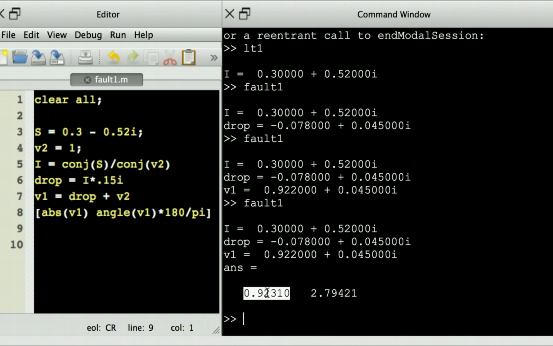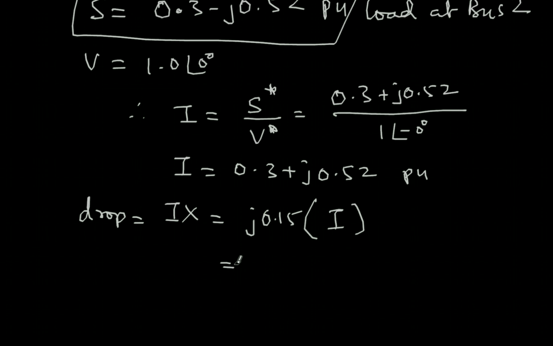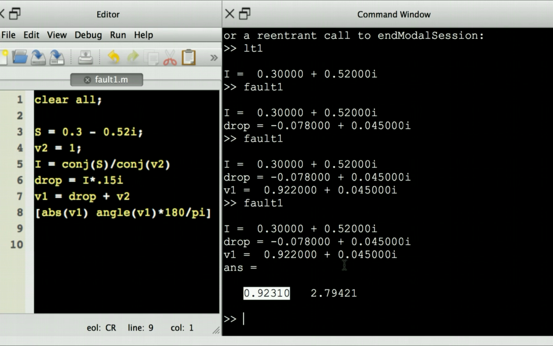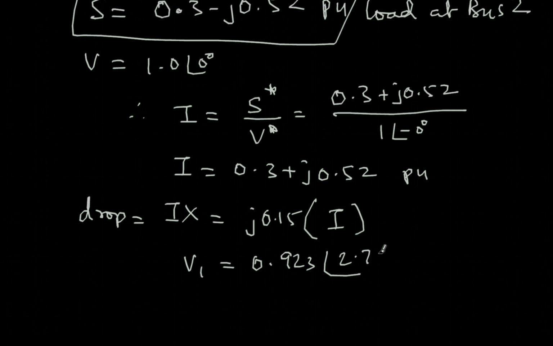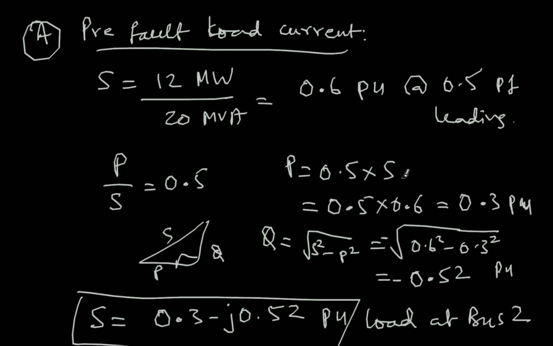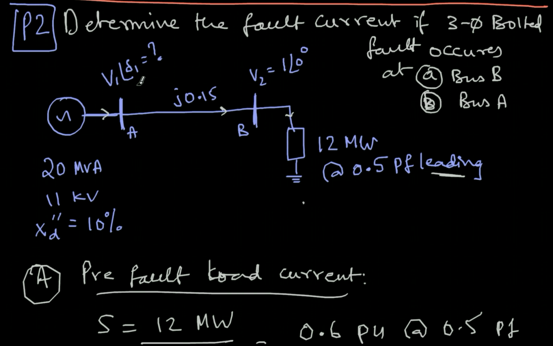So 0.923, angle is 2.79 degrees. You notice that the angle is positive compared to this one.